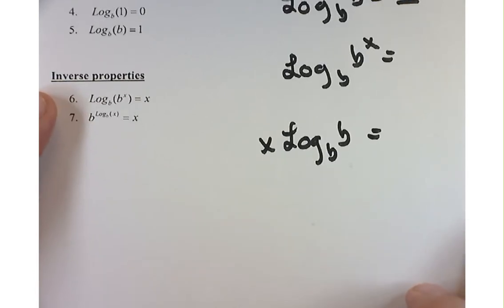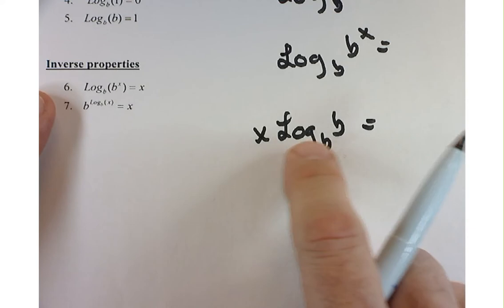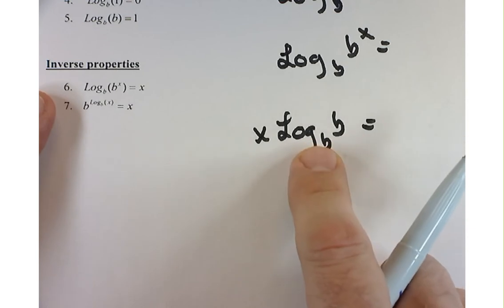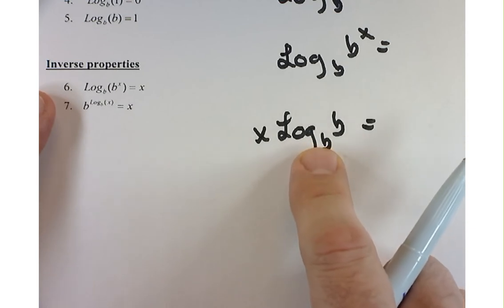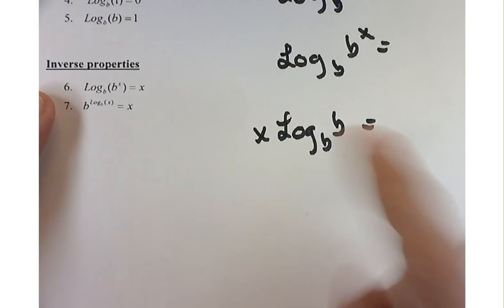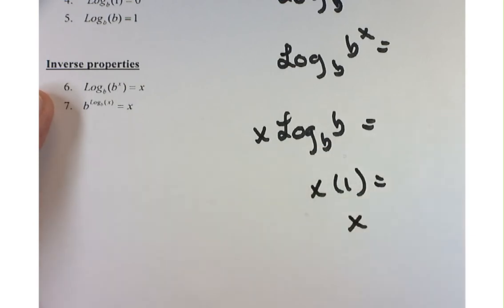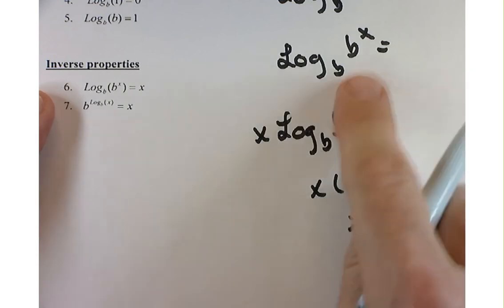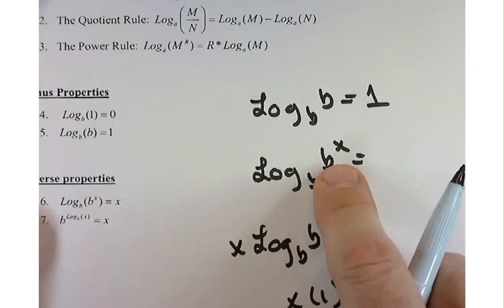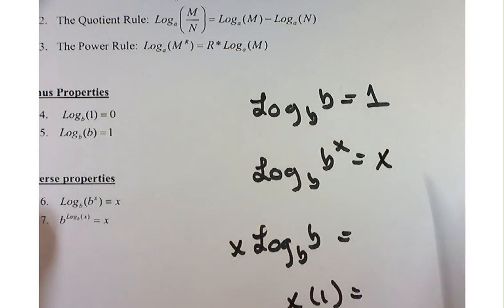And there's good news. We just figured out what this was, right? What is log base b of b? 1. It's 1. So, wow. So what happens when you have log base b of b to the x? It's just x.